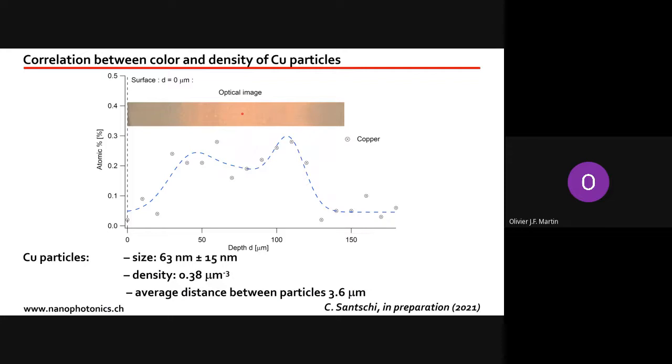And this is produced just by tiny copper nanostructures. Their size is in the order of 60 nanometer, and they are extremely diluted because the distance between neighboring particles is several microns. So this again illustrates how strong these optical effects can be when you use plasmonic nanostructures, even just using copper, which is not the strongest plasmonic metal.